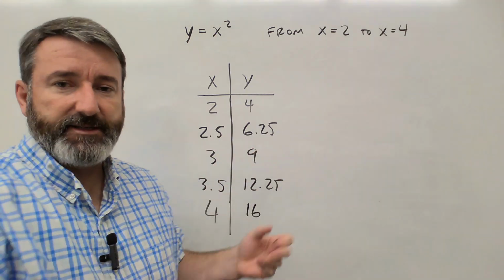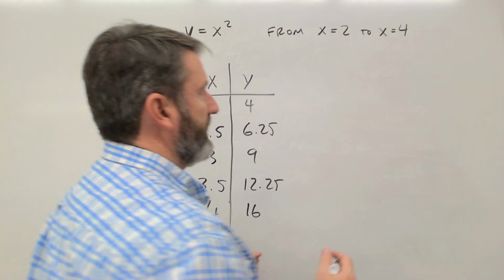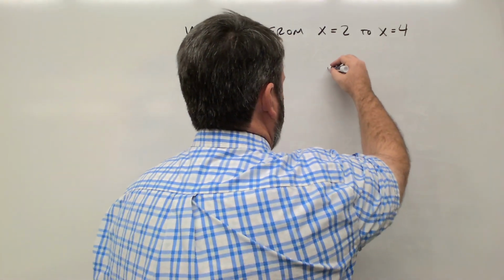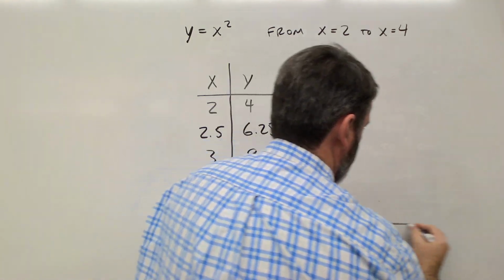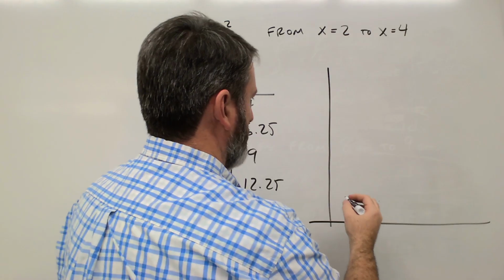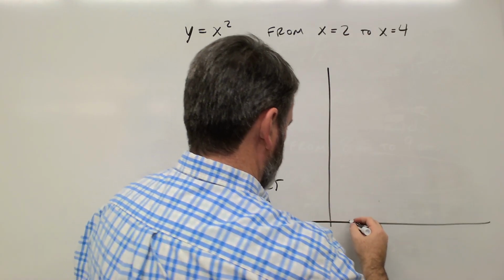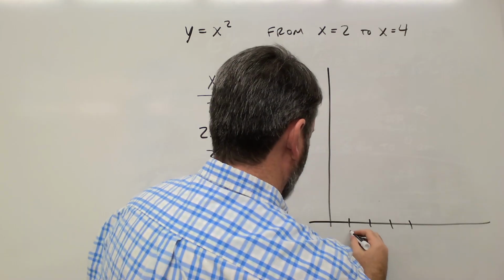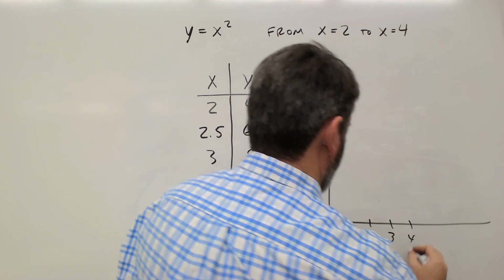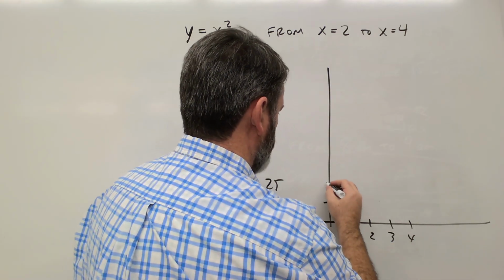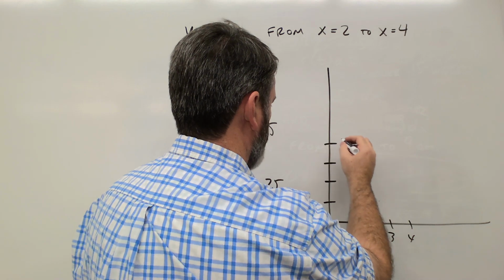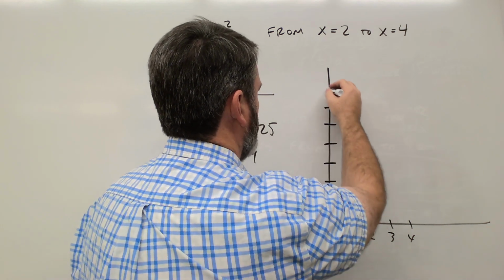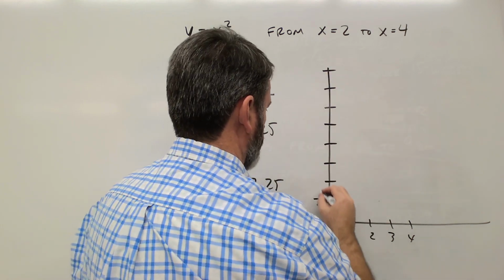So let's graph this and see what it looks like. All right, so we'll go 1, 2, 3, 4. And then up the side, 2, 4, 6, 8, 10, 12, 14, 16.